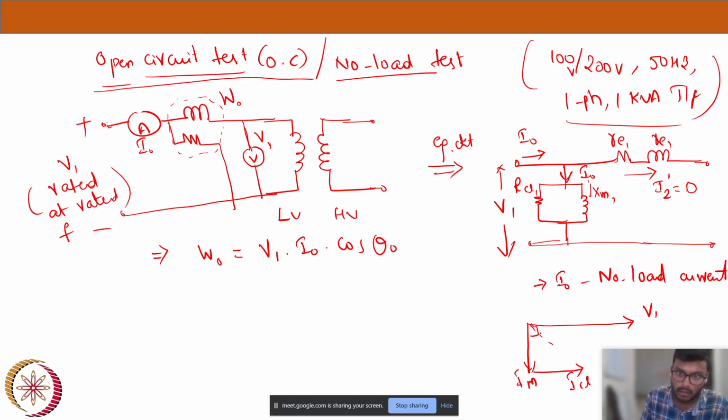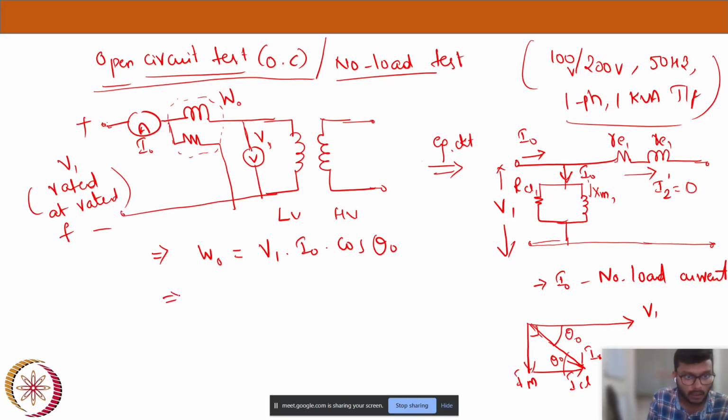The resultant will be the total current, which is I naught. So the angle between V1 and I naught, the input voltage and the current, will be theta naught. That is the no load power factor angle.